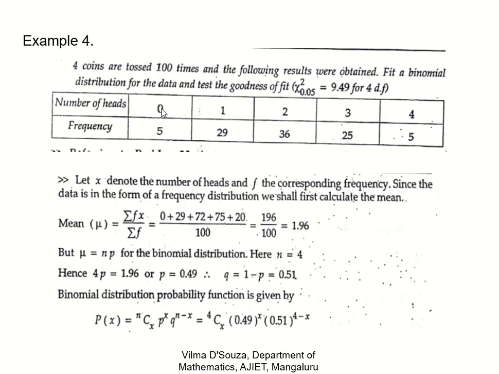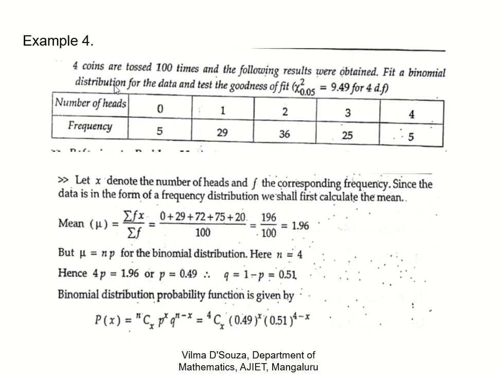That is 0 into 5 plus 1 into 29 plus 2 into 36 plus 3 into 25 plus 4 into 5, divided by summation f, which is 5 plus 29 plus 36 plus 25 plus 5. So mean you will get as 1.96.